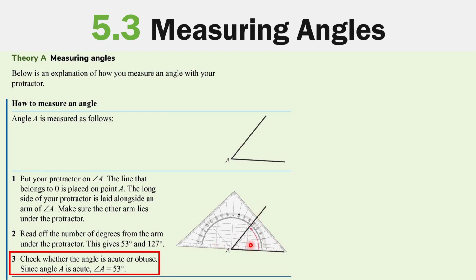Here it's very clear that angle A is an acute angle, which means the angle should be smaller than 90 degrees, which only leaves me with 53. 127 is not a viable answer here. So since angle A is acute, angle A is equal to 53 degrees.